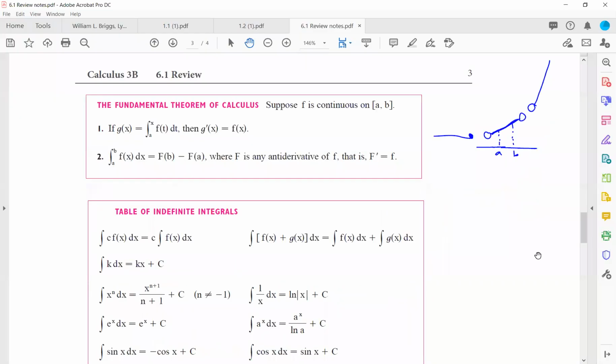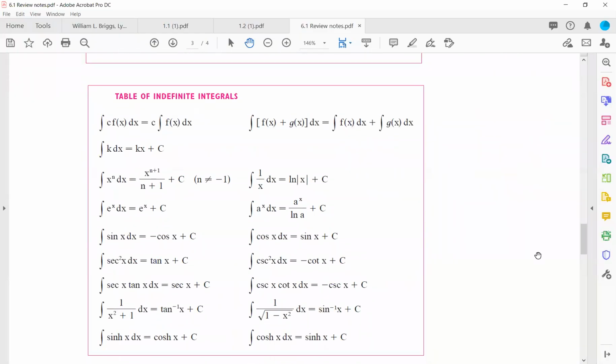Very well. Some indefinite integrals. The integral of a constant c times f is equivalent to saying, let's take the integral of the function and multiply it by constant c. The integral of a constant like k is equal to k times variable x, when you're taking the integral with respect to variable x, kx plus the constant of integration, c.